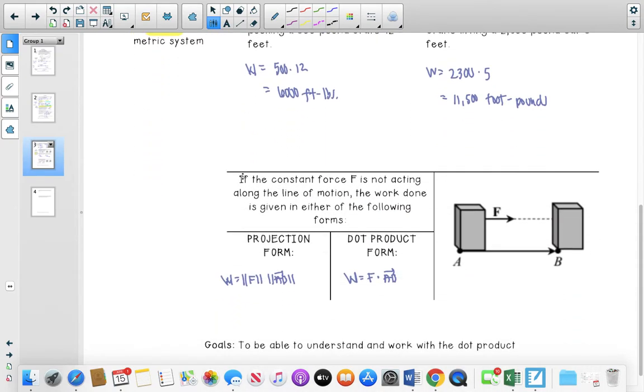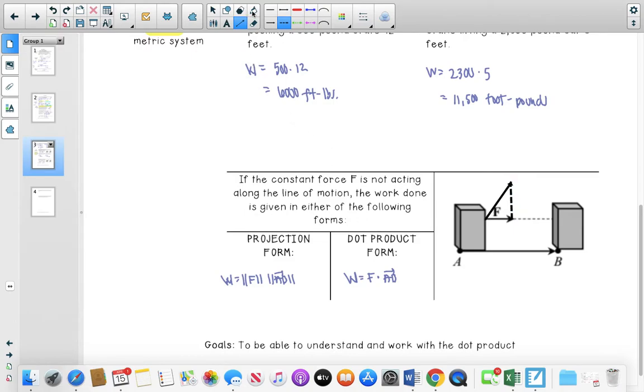So what happens if there's something else going on? If the constant force F is not acting along a line of motion, and that picture is not the right one, so I'm going to have to draw something, which is not good for you. Let's make this arrow here and a dotted line here.